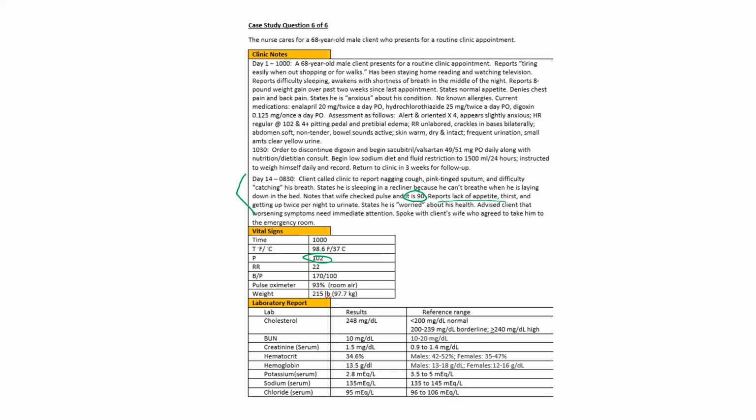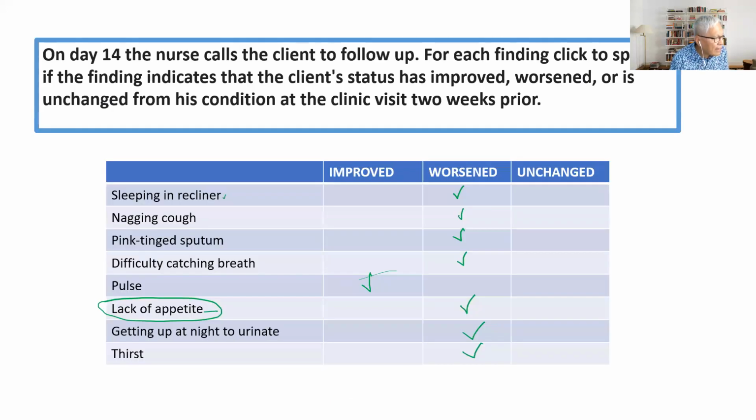So yeah, this is day 14. He's already at home, so there is going to be this change, because on discharge we did not have anything to say about lack of appetite. Oh, okay, I got it. So it was a new finding that he has lack of appetite, so that means it's a worsening.